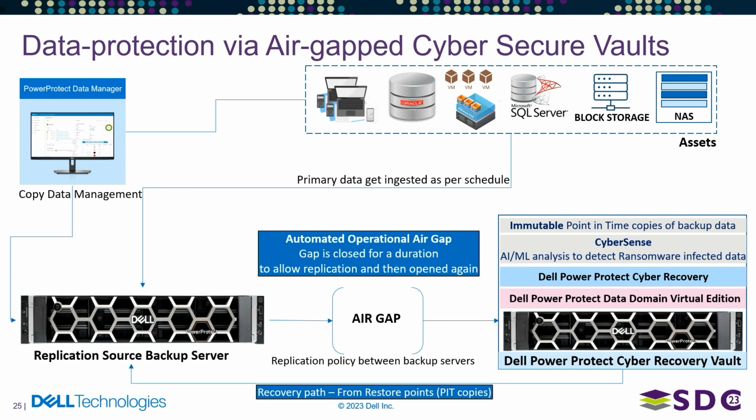For replication to land, that landing zone needs to be exposed. As long as the air gap is closed, the landing zone is exposed. But once we make sure that the landing zone is clean, then we move the data to another location in the server that is not exposed to anybody, right? And once we move there, which is another hidden path, we retention lock it.